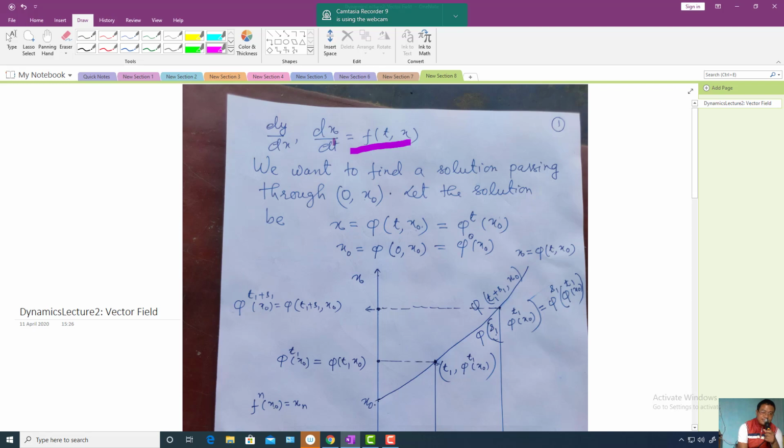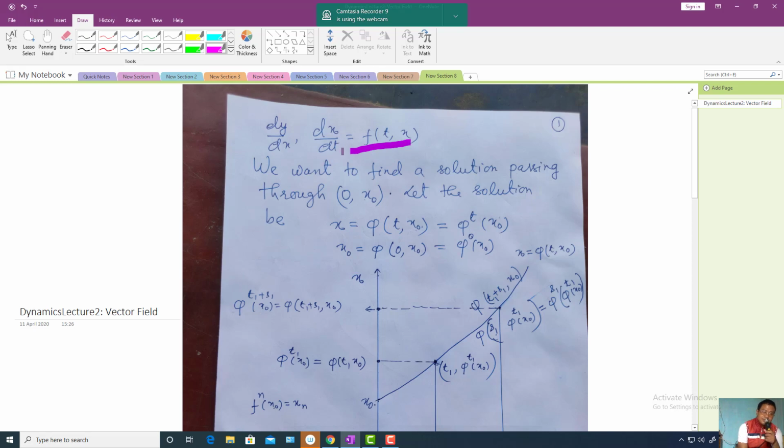If you get some numerical value, you find the tan inverse of it and you get some angle. That is the direction, the vector field direction of the tangent at that point of the curve.